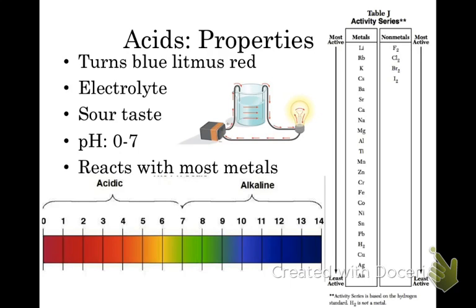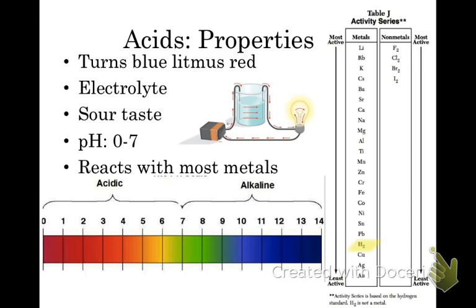So let's take a look at Table J. This is the activity series. And this shows us which element is more active than another. So here, we'll scan through and find H. So H2 is right there, and we can actually base a lot of our stuff on acids and bases on whether something will react based upon H2.